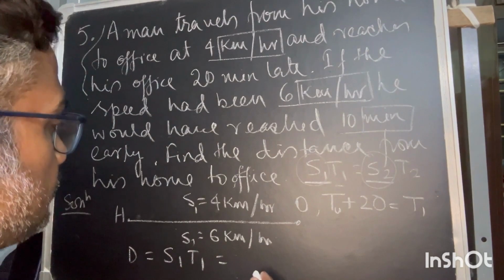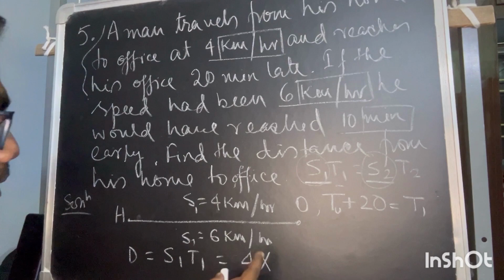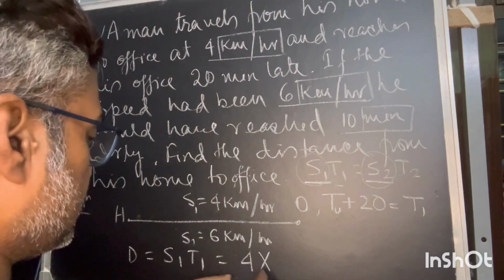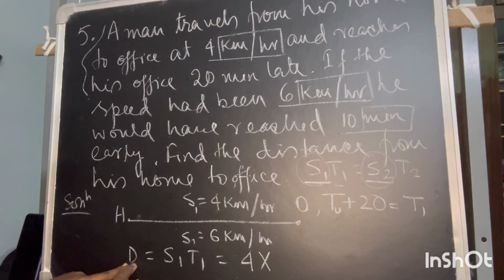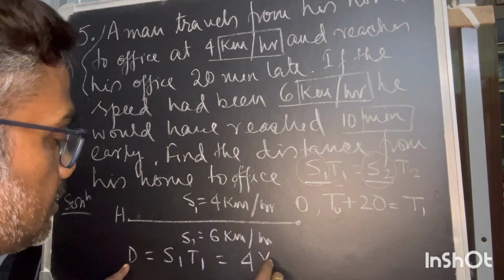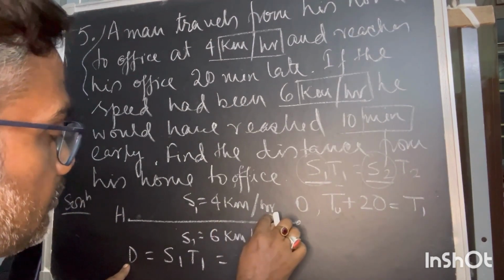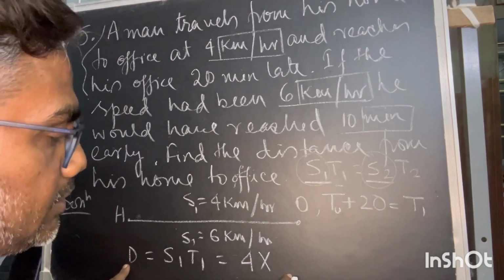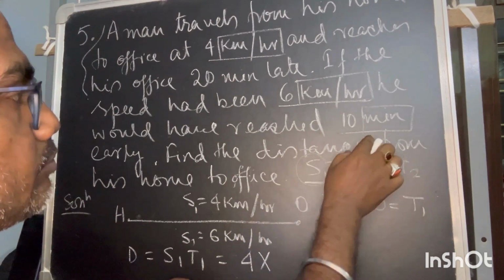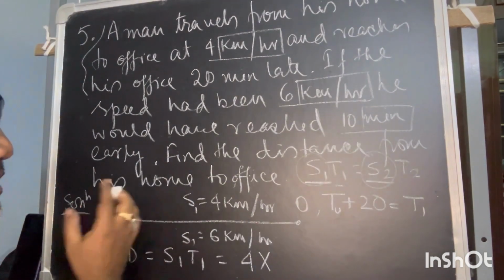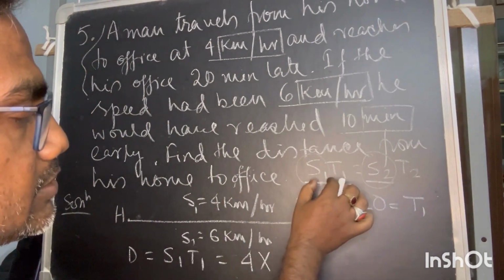So S1 is equal to 4 kilometer per hour into, now here remember, when you are only calculating an individual case, the speed unit is in kilometer per hour and the time unit is in minutes. There you need to change the unit, because hour cannot merge with minute. In the individual case, only time is coming, so both sides are equalizing each other.